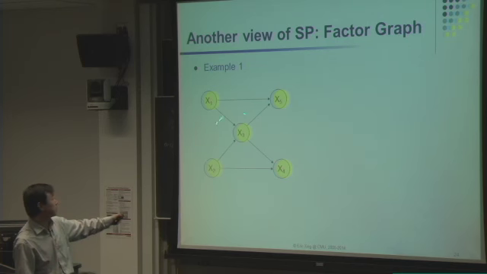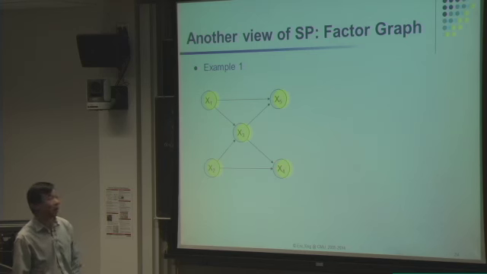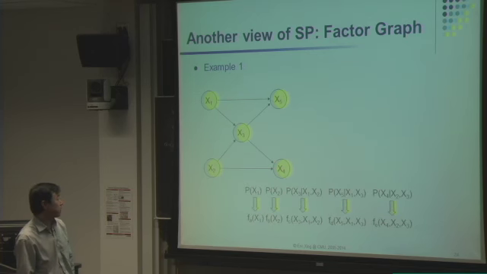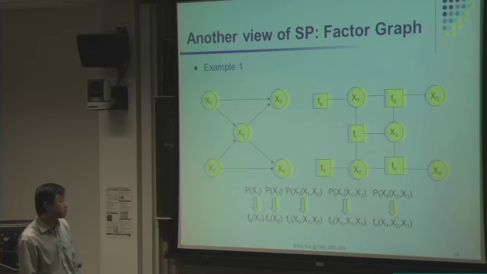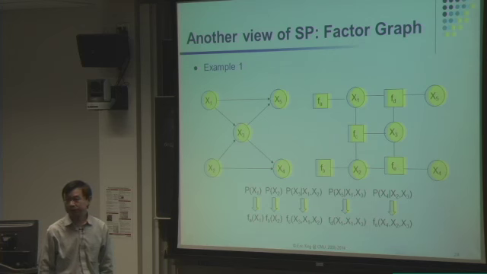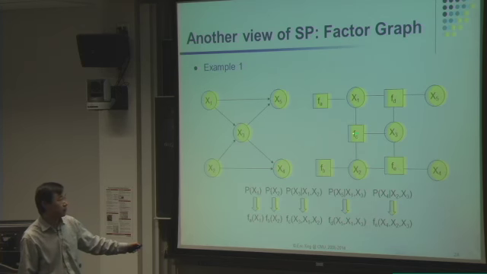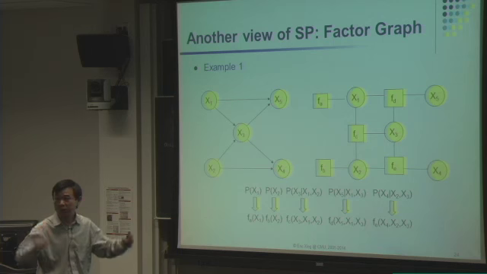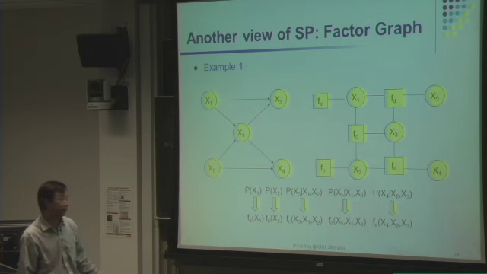So here I have a model. I want to introduce this concept called factor graph, in which I'm going to produce a factor for each of the potentials. And then I'm going to create a graph which has two types of node. There are the factor nodes, which are super nodes corresponding to every potential you use.